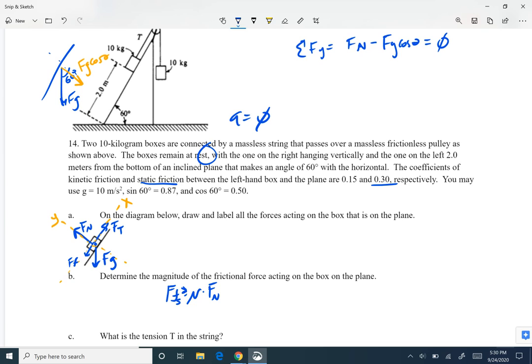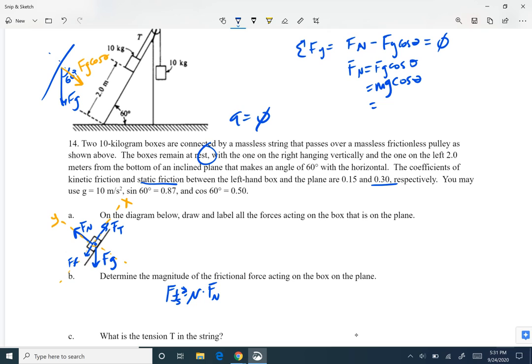All right, so I want to know what force normal is. So let's get it by itself. I'm going to move FG cosine theta to the other side. I know how to calculate force gravity, and that is mg, and then cosine theta comes along with it.